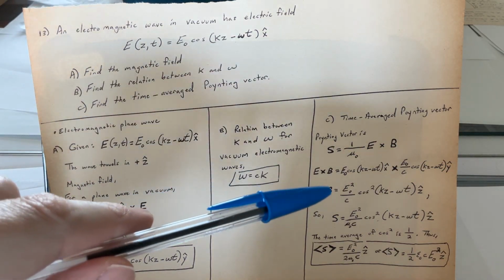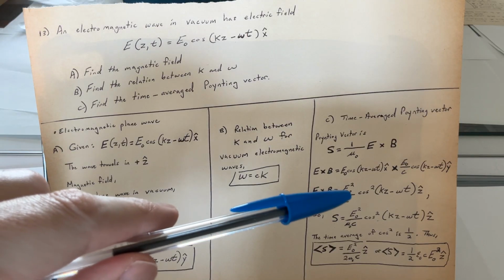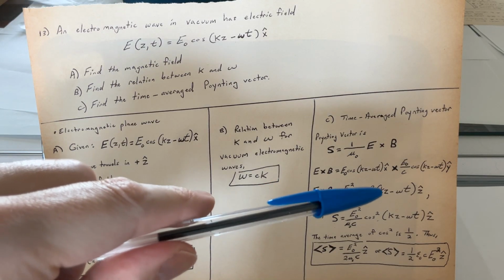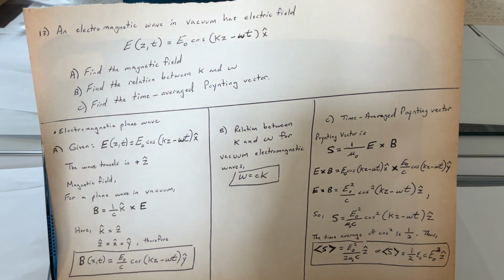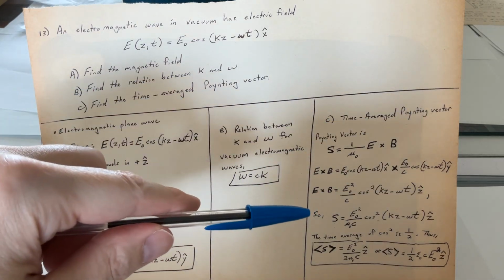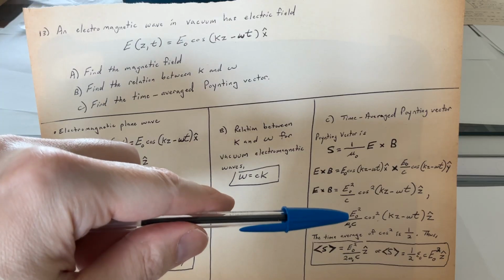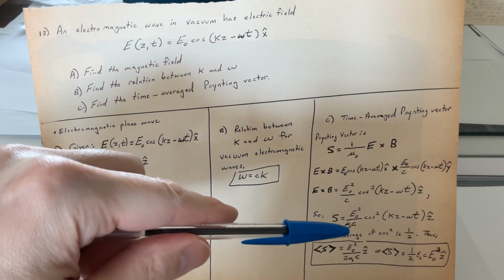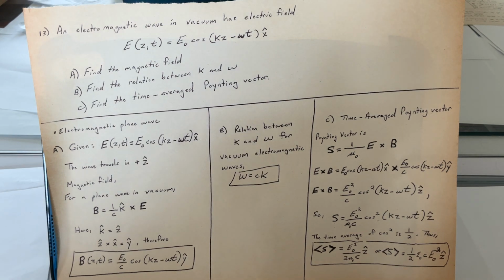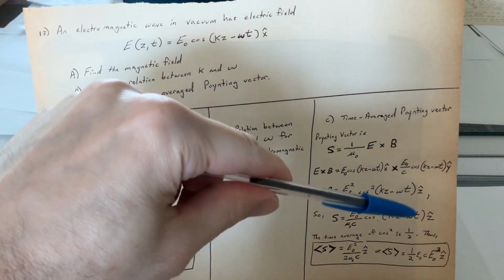So E cross B is E naught squared over c, cosine squared of kz minus omega t, z hat. I often say wt just because it reads like a w. So S equals E naught squared over mu naught c, cosine squared of kz minus omega t, times z hat.